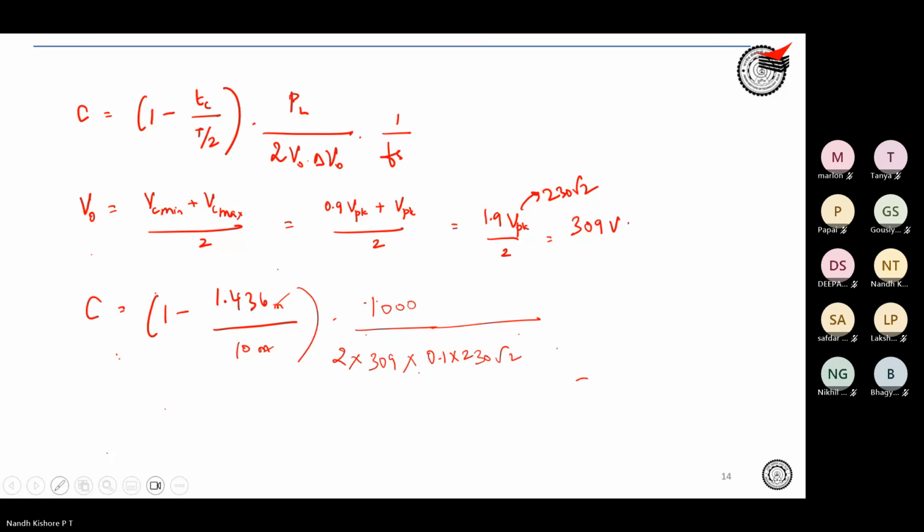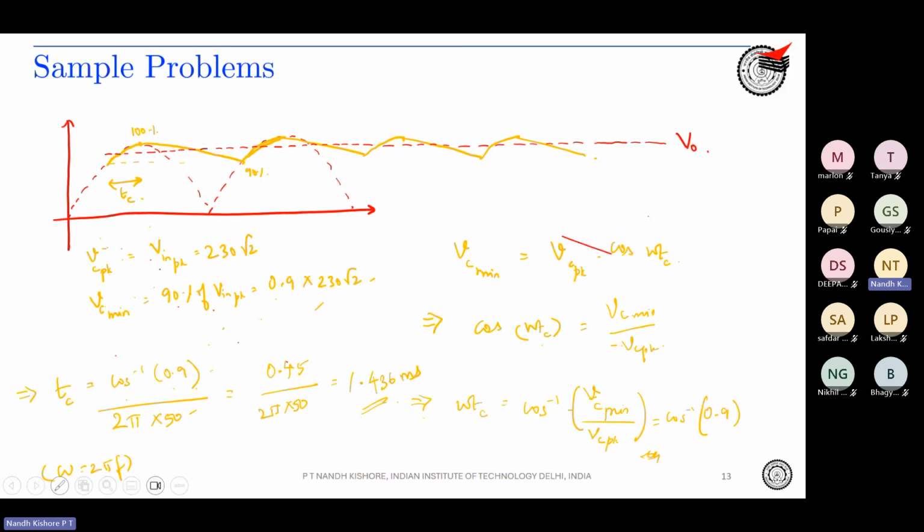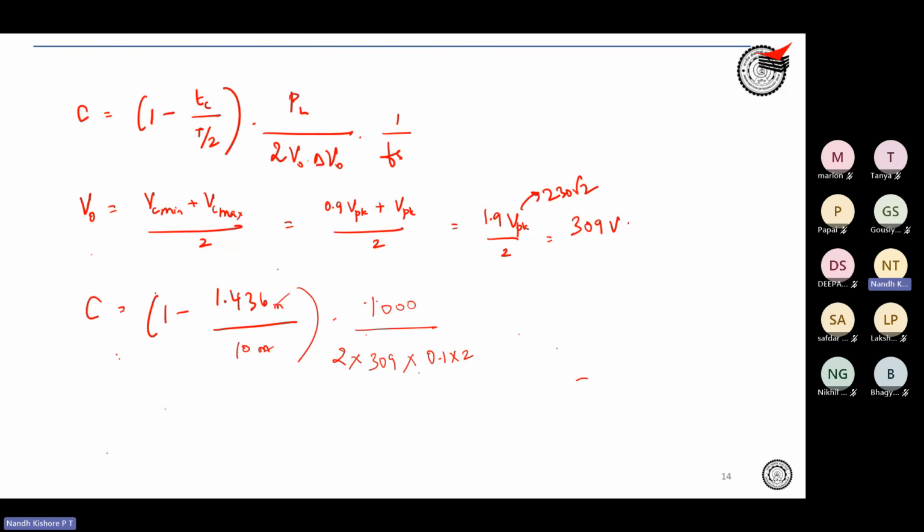And what is the switching frequency for the capacitor? The capacitor switches every line cycle. So 0.1 into 230 into root 2 into 50.